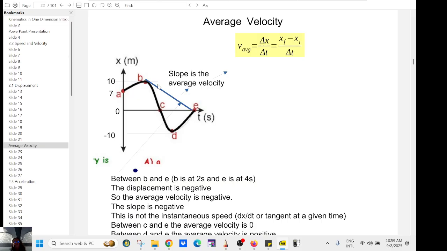If you want to find the average velocity between B and E, in a graph of position versus time, you make your segment and you do rise over run. The rise is the final position minus the initial position. The run is delta t, so it's the definition of the slope.